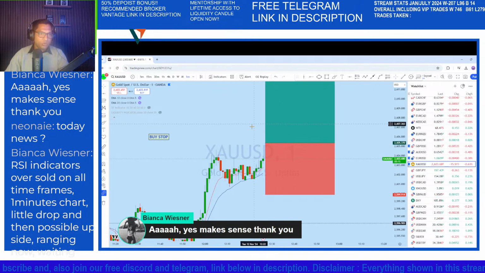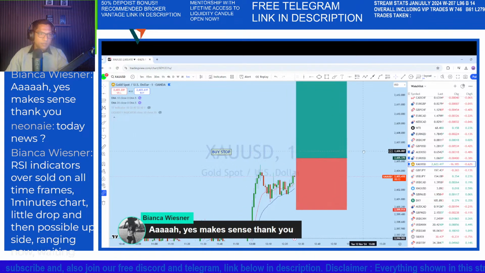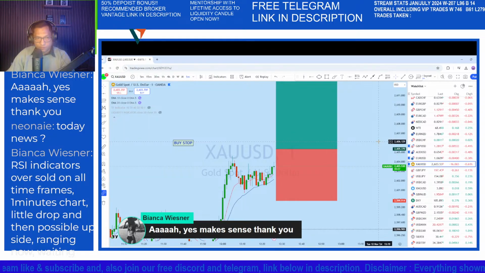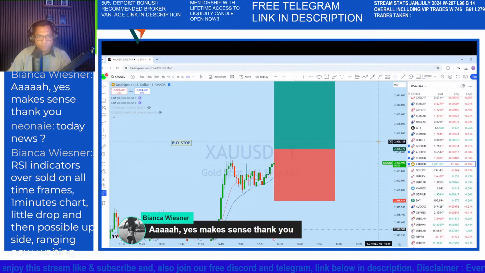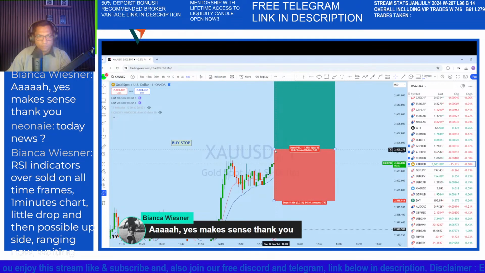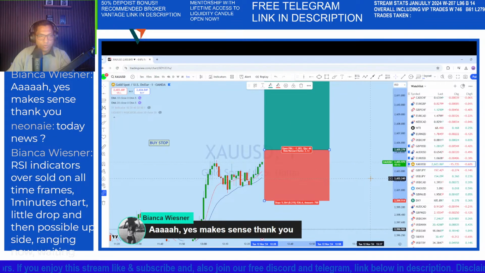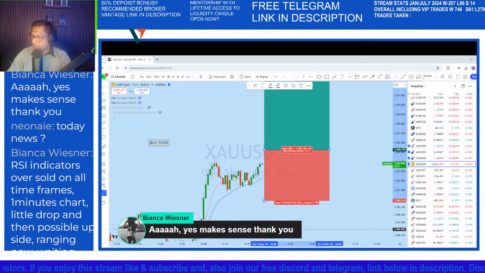So if it breaks the swing high, we are on the trade, and then we'll keep waiting for further upside. So we are waiting here for that entry. Slowly it looks like it's trying to build up pressure to the upside.